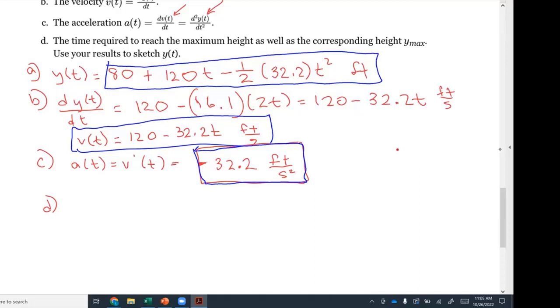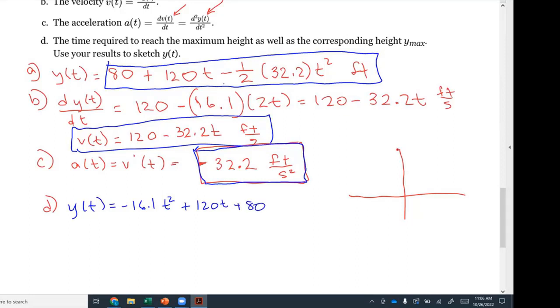Let's just think about this for a second. Let's say we have this graph and we hopefully know that it's a parabola. I don't know exactly where it's going to be, but I know that since it's negative as my first term, if I were to rewrite this, actually, let me rewrite this as y of t is equal to negative 16.1t squared plus 120t plus 80.